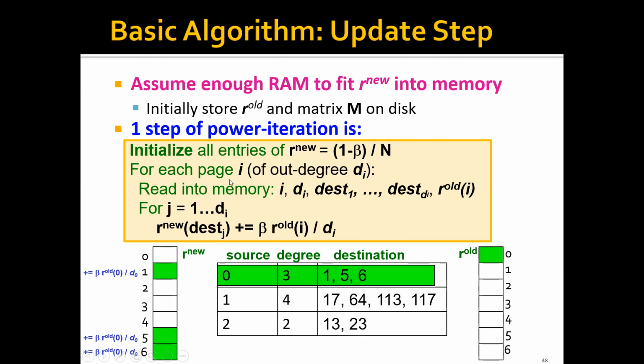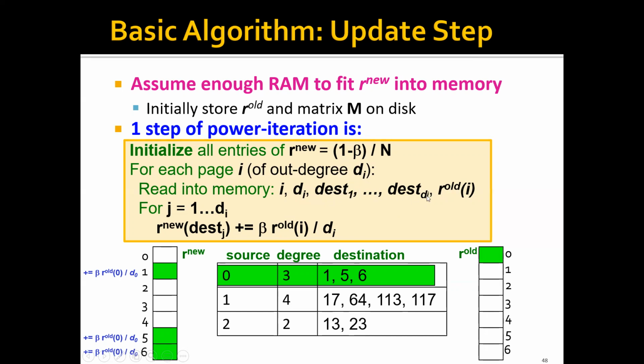And then for each page, we just read into memory the following numbers and vectors. We'll read into memory the index of this page. We'll read into memory the out degree of this page, and also its destination nodes.